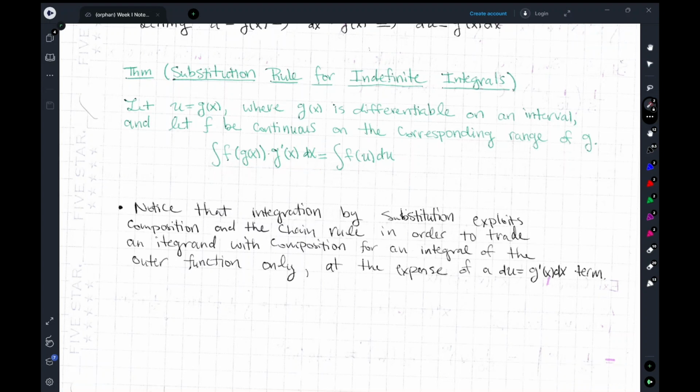That's just one way to think about it. More formally, in the future, especially when you start doing integrals with multiple variables, you could see that in its essence, integration by substitution is a change of variables.